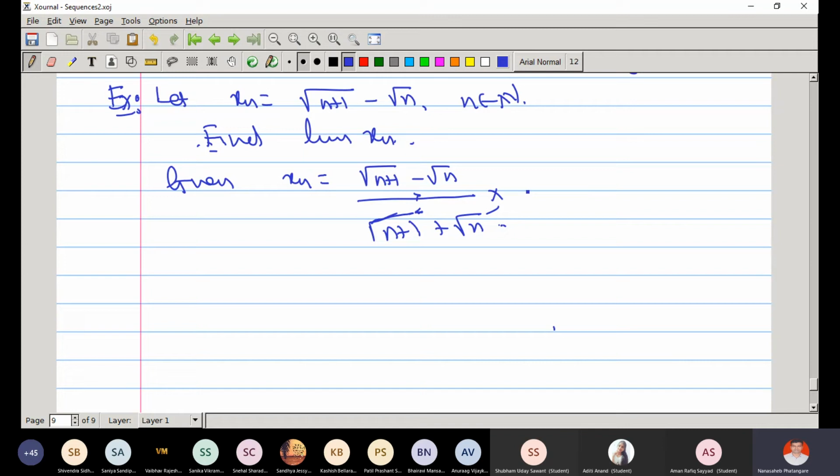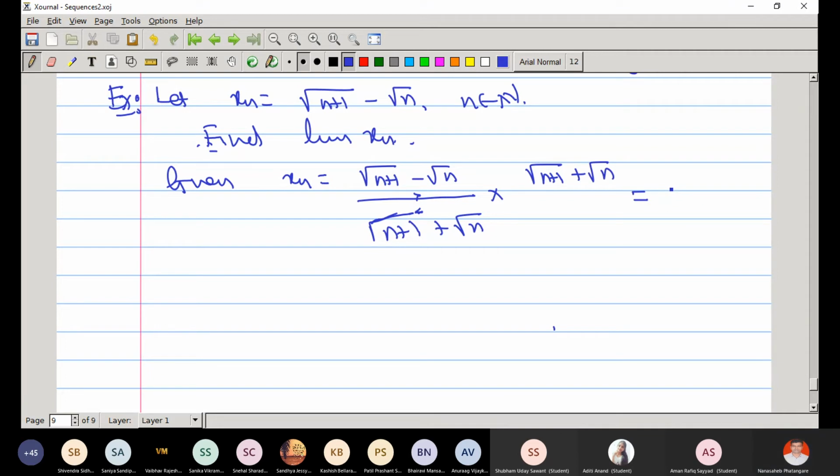Rationalization. So multiply and divide by the conjugate. So what does the expression become now?